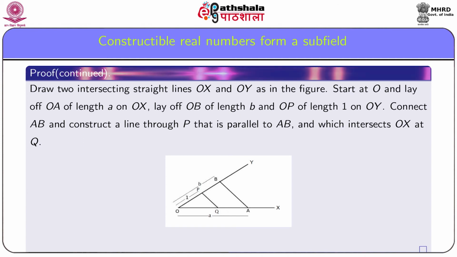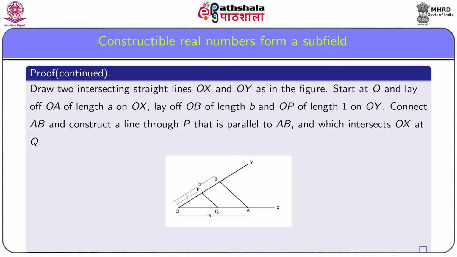Assume that this line PQ intersects OX at Q. Now I will use the properties of similar angled triangles to find out a line segment in this picture which is of length A by B. As shown in this figure, you note that I have assumed here B actually to be greater than 1.